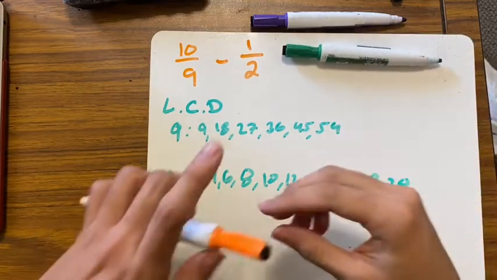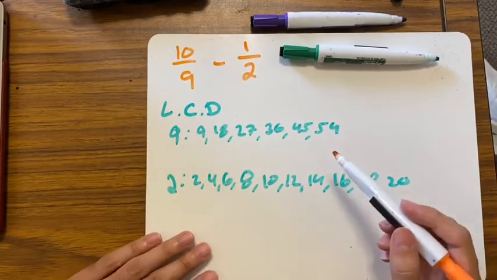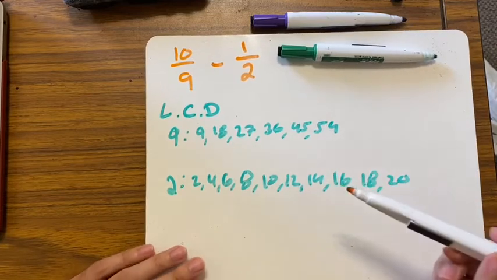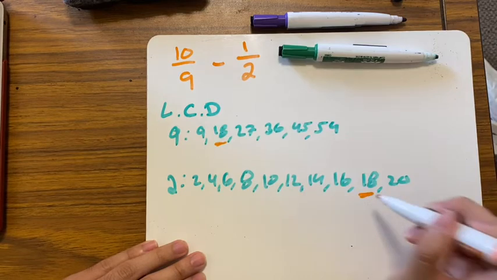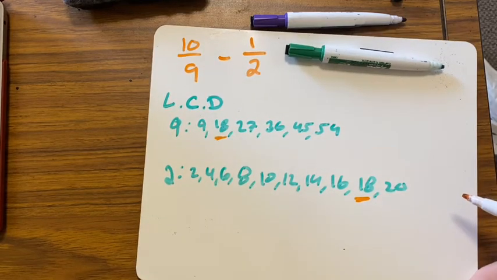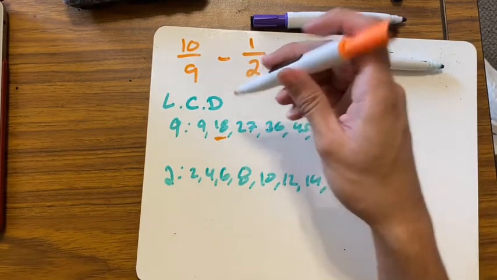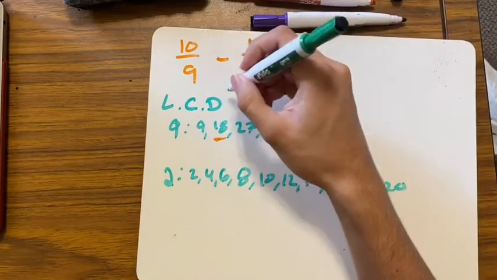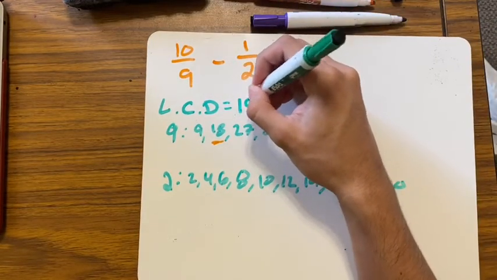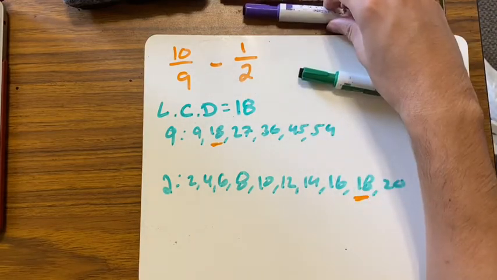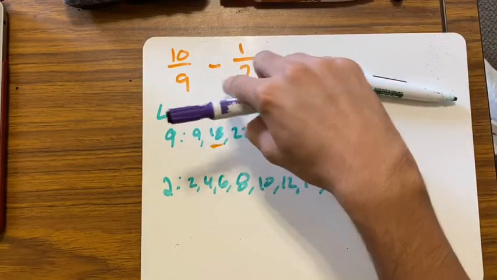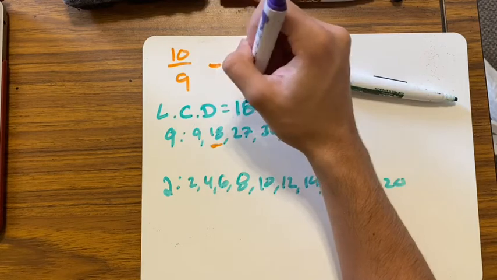So what number do they have in common, everybody? Yeah, they share this 18 in common. Anything else? Nope. So that's it. That's our least common denominator, 18. So we have to ask ourselves, how can I multiply this 9 to become an 18? 9 times what number will give me 18?